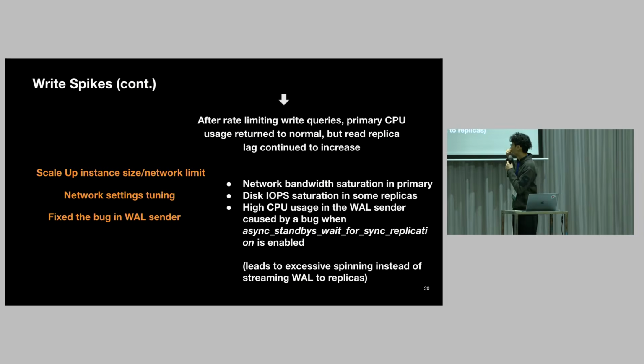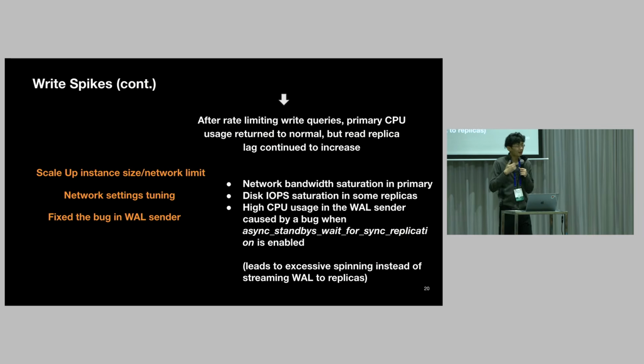After investigation, we found there are several reasons for this. First of all, we found network bandwidth saturation on the primary, because there was also write ahead log there that was not shipped to and applied on the replicas. So the network bandwidth is a bottleneck in this case.